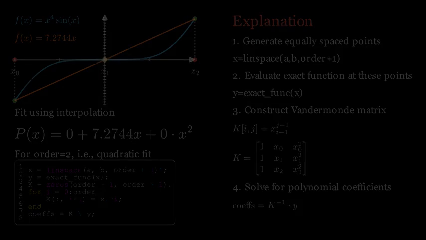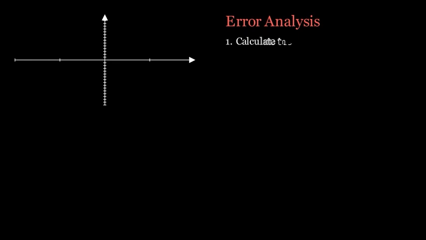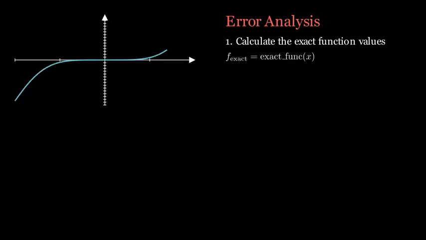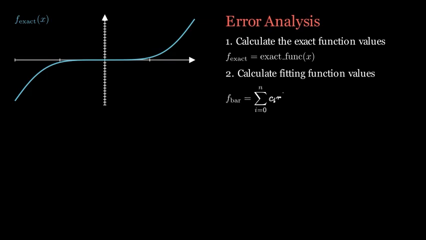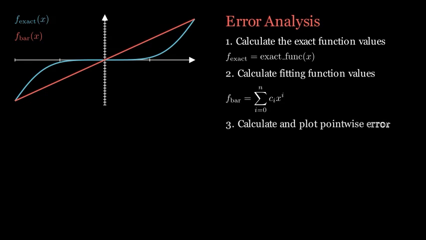In the second part of the code, we calculate the errors associated with it. To do the error analysis, we first calculate the exact function values. Then we calculate the fitting function values. Now we define the difference function, error E equals f exact minus f bar.